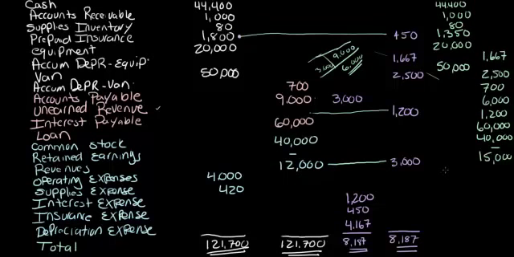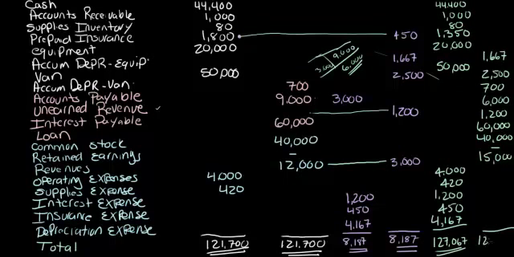I have $4,000 in operating expenses, $420 in supplies expense, $1,200 in interest expense, $450 in insurance expense, and $4,167 in depreciation expense. If I total up these two columns, they should equal one another, and I believe the balance is $127,067.